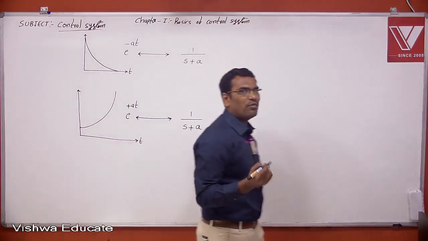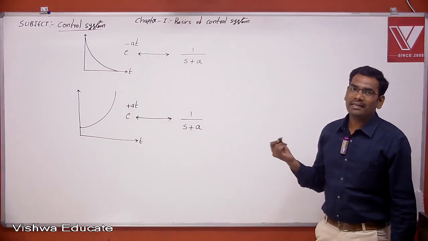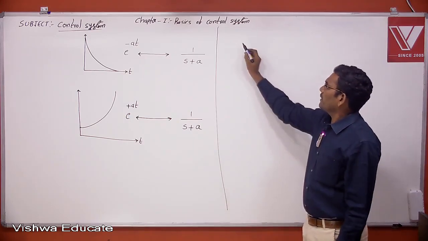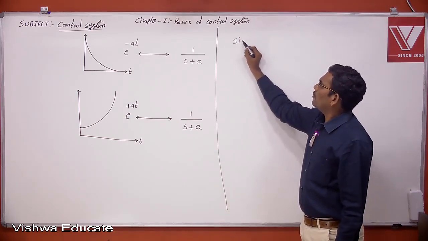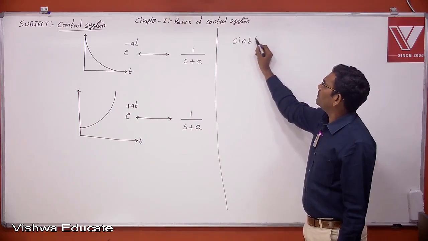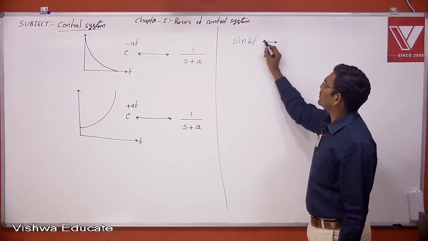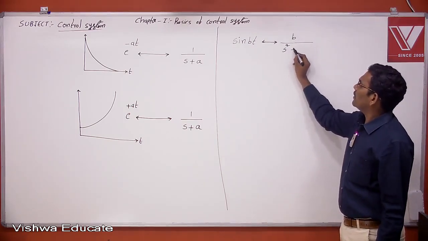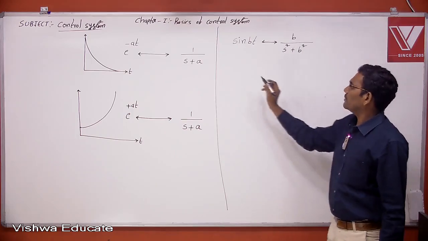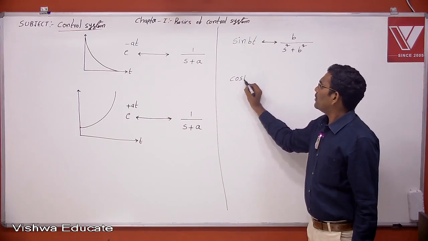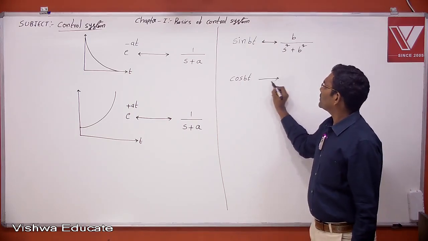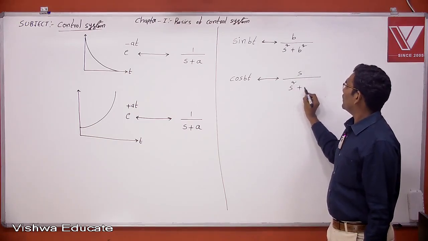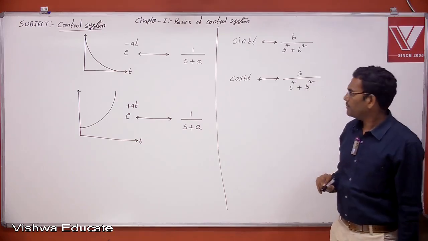These few formulas are completely repeated in our subject, so I am just giving an overview of these very important formulas, which are known to you also. Sin bt, whose Laplace transformation is b by s square plus b square. Cos bt, whose Laplace transformation is s by s square plus b square.